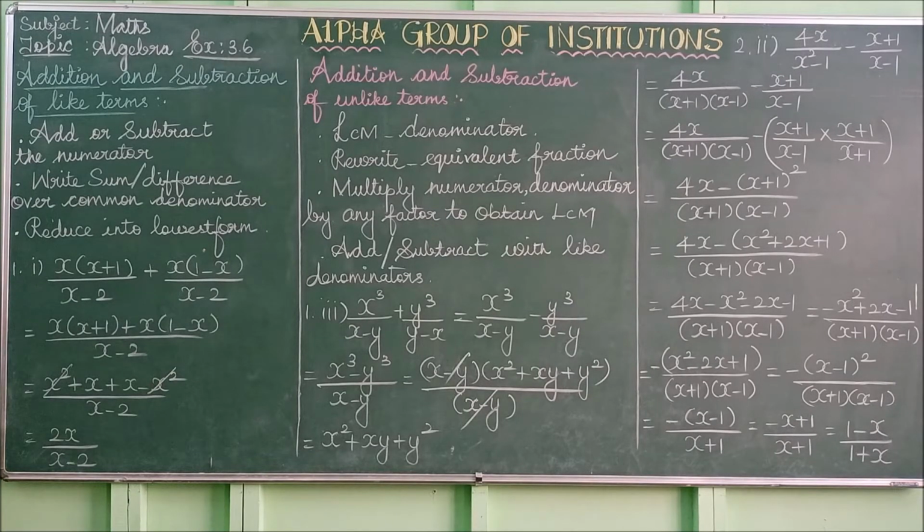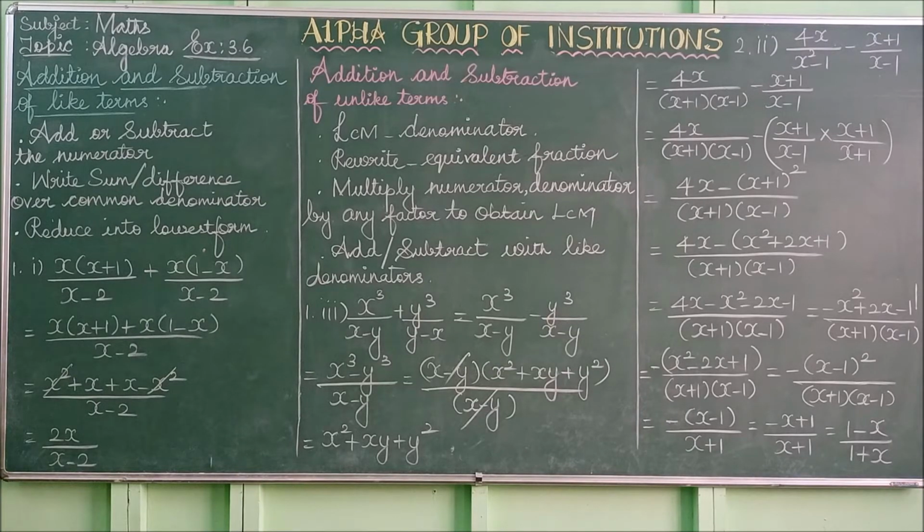P of x by Q of x divided by R of x by S of x is equal to, in this step, we change the sign. The division gets changed into multiplication. If you change the sign, the second fraction must be reciprocal. Numerator comes to denominator, denominator goes to numerator. P of x by Q of x remains the same. R of x by S of x will be changed as S of x by R of x.